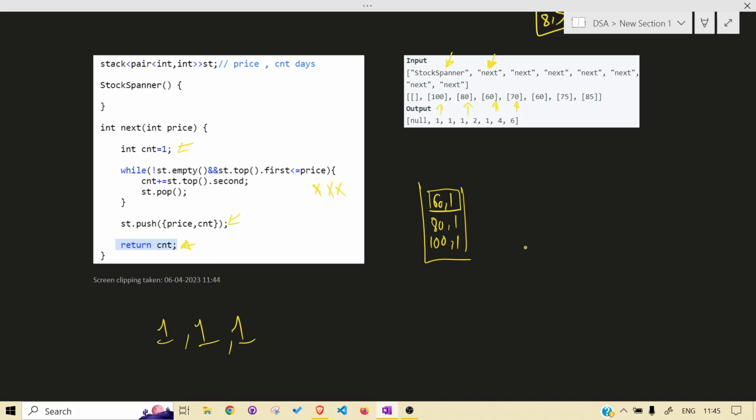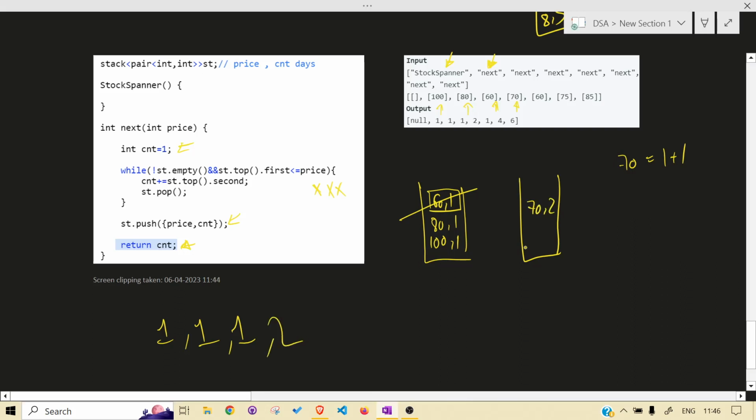You will say do not take 70, but we have to take account of the history, so we have to accommodate it. So 60 has to go, and 70 has 1 for itself plus 1, it is not greater than 80, so that's why we didn't take 80. So 70 comma 2, and we return 2, and 80 comma 1, and 100 comma 1.